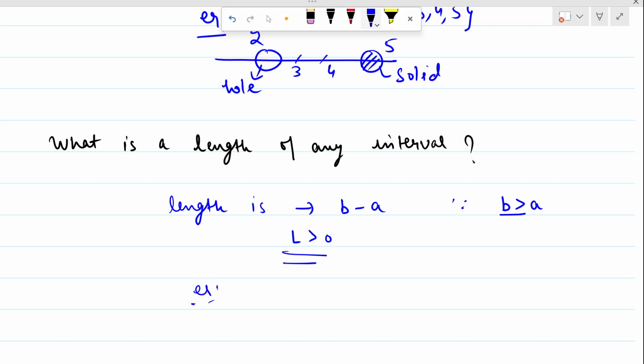For example, we have the set 2 comma 5, so its length is 5 minus 2 equal to 3, so it's greater than 0.